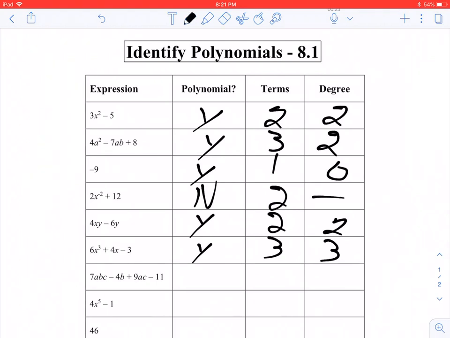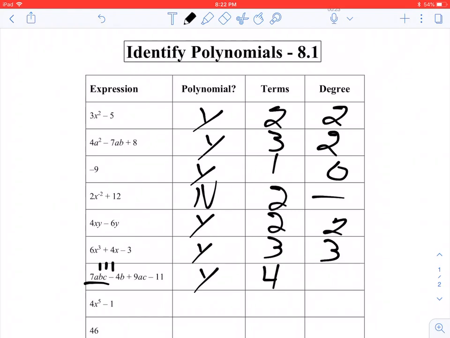Next one, is this a polynomial? Once again, it is a polynomial. The number of terms, it has 1, 2, 3, 4 terms. And then the degree is a tricky one here, again, because none of the exponents have a power bigger than 1. But what you have to look at is within each of the terms. Like if you look at this first term, the a is to the first power, the b is to the first, the c is to the first.